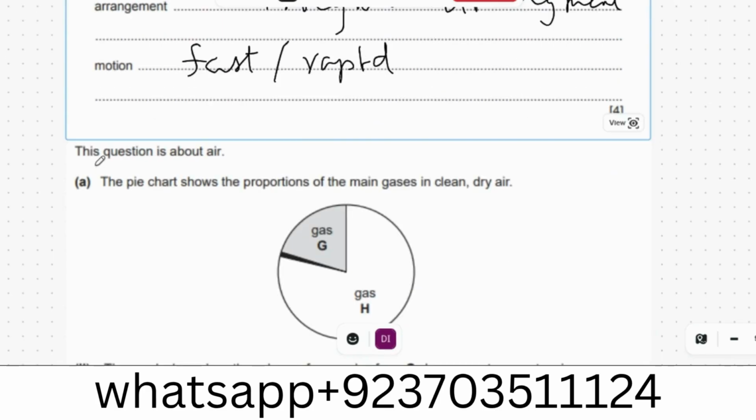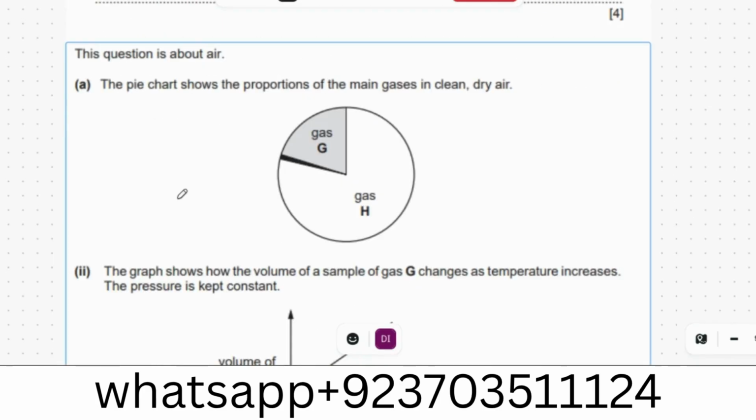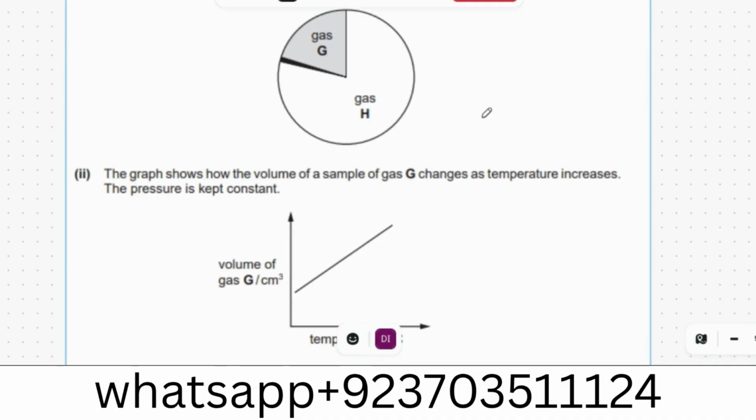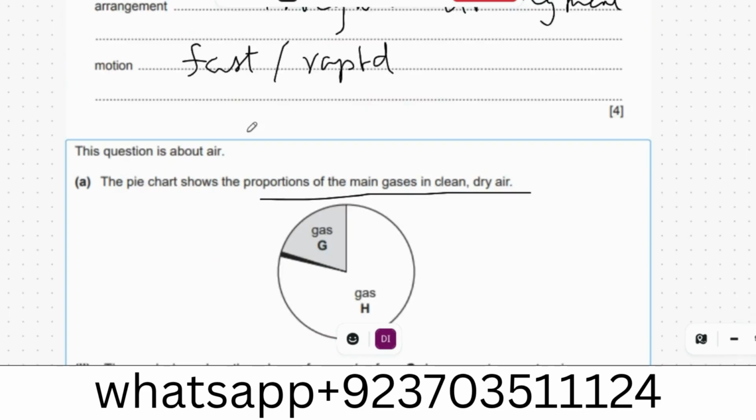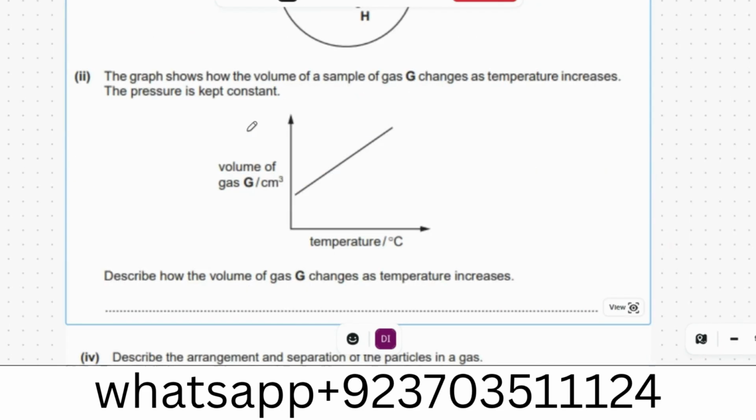Now a pie chart shows the properties of main gases in clean dry air. So gas G and gas H. Describe how the volume of gas G changes as temperature increases.